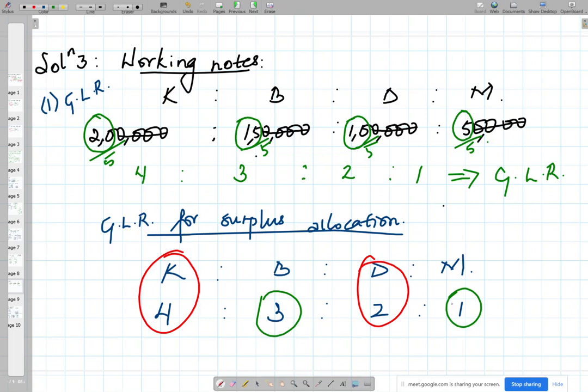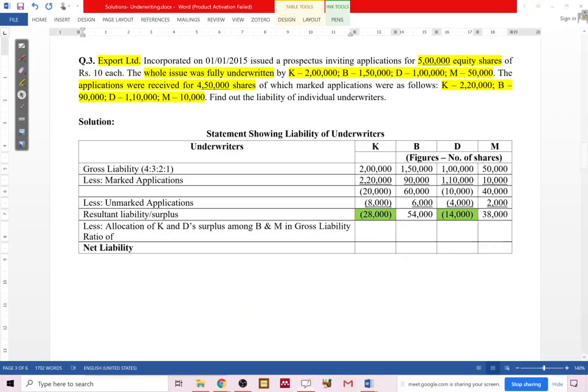They are giving theirs to B and M. So the remaining ratio, the new ratio for surplus allocation becomes 3:1. So 3/4 and 1/4. Gross liability ratio of 3:1.